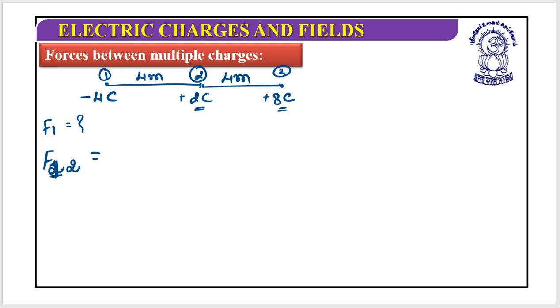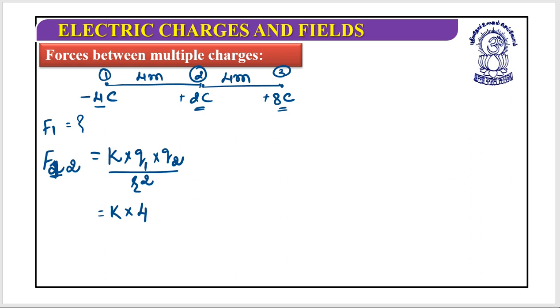What should I write? If I write the master formula, this is K multiplied by the charge of the first body multiplied by the charge of the second body divided by the square of the distance between these two. F is equal to K Q1 Q2 divided by R square. Please focus. We are here to find the magnitude only. So I should write K multiplied by not minus 4 coulomb, I need to write 4 only.